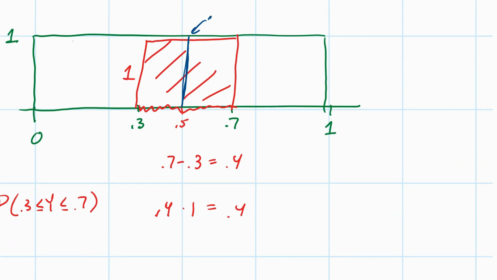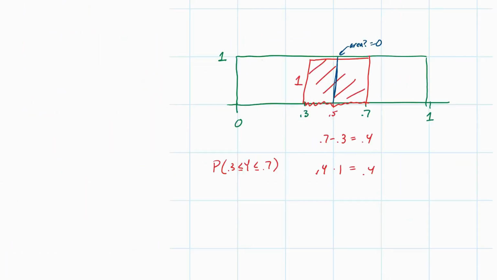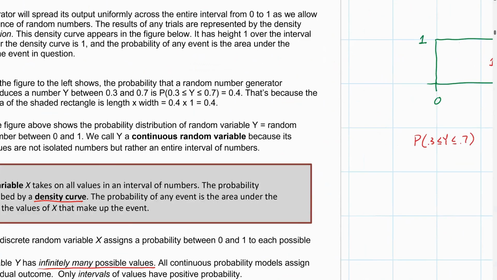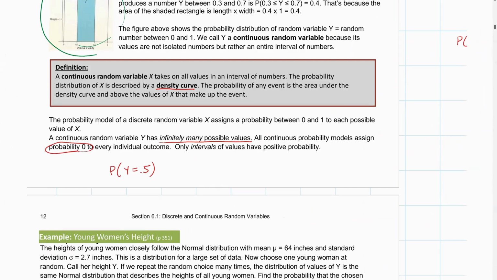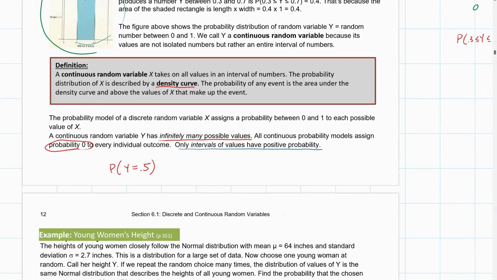How much area is in that line? And the answer, the area is 0. We say that the probability of getting exactly 0.5 is 0 because it's just one of an infinitely many results. Okay, but if you're on an interval, then you may have a probability. Again, only intervals can have positive probabilities.